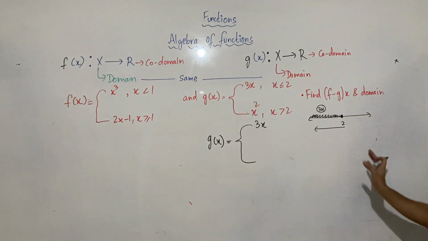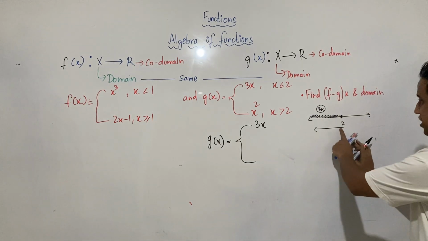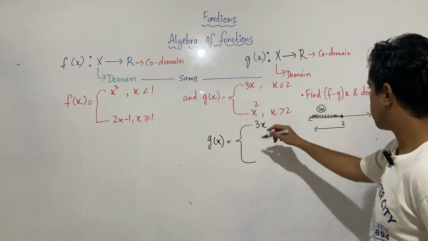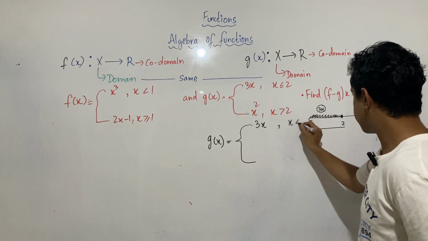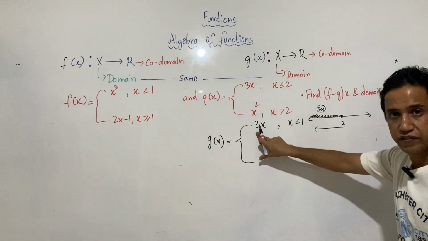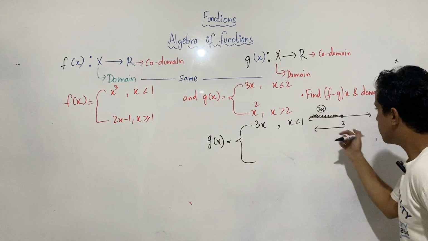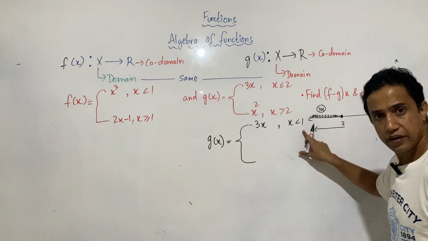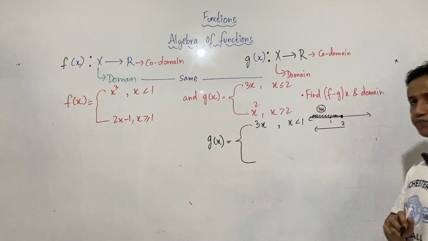Now, if I break this into two pieces, what if I say that this function g(x) is going to be 3x for x less than 1? Why? Because for x less than or equal to 2, the value of this function is 3x. That's what the definition says. So 1 is less than 2, so this is also true for x less than 1, right? Because 1 is somewhere here.